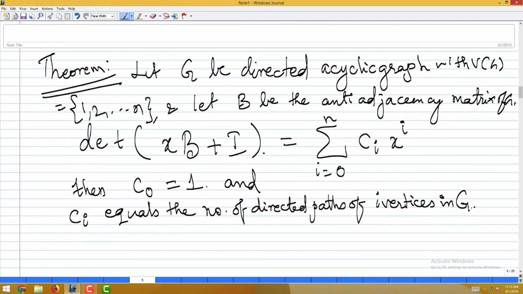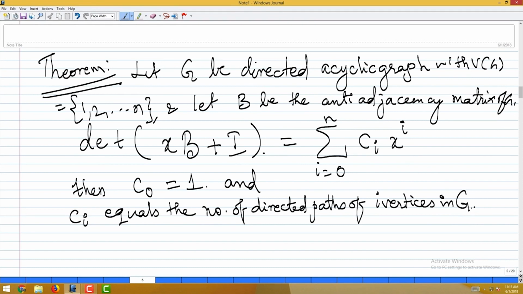So, C naught equal to 1 means what? If you look at this characteristic polynomial, this determinant of xB plus I, it is also kind of a characteristic polynomial, right. If you just expand this, B as J minus A, then you are looking at the characteristic equation.